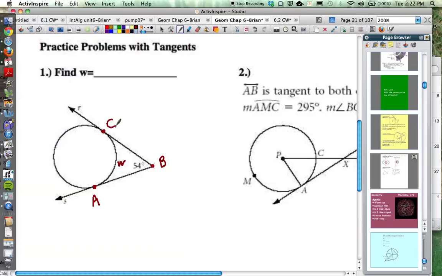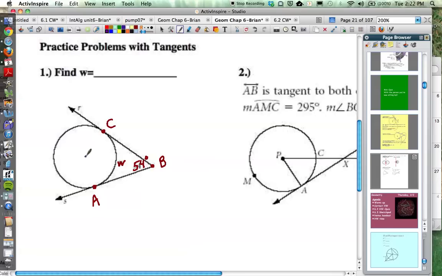Now this 54 degrees that is at the vertex ABC, 54 degrees right here, that is not going to be the same as W. W is not 54 degrees. We think about what's happening here. On the front side, 6.2, we knew that tangent lines or tangent segments will be perpendicular to the radius drawn to the point of tangency. So even if you don't see the radius in the drawing, let's go ahead and mark a center point.